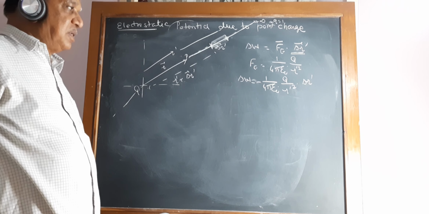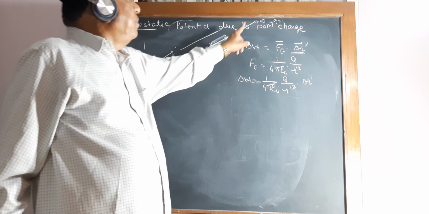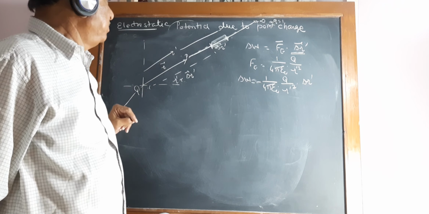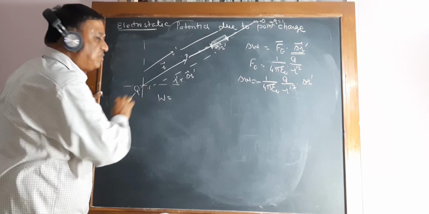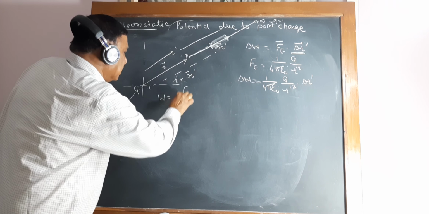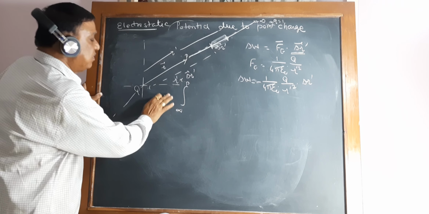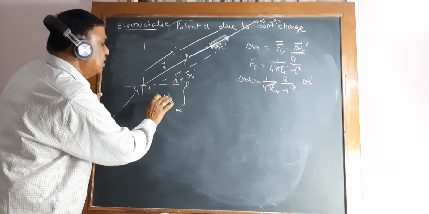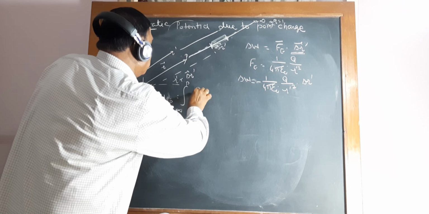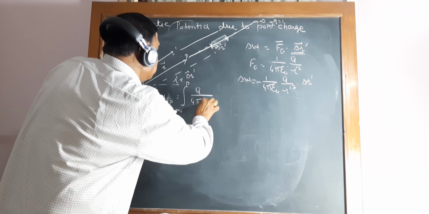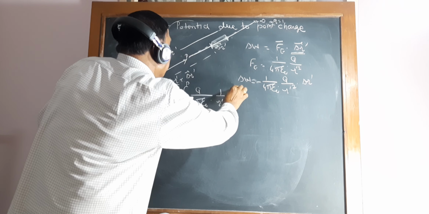Total work can be carried out by taking integration from infinite to point P. So total work done, W is integration from infinite to P, or also we can write r from infinite to P, equal to Q upon 4 pi epsilon 0, 1 upon r dash square delta r dash.